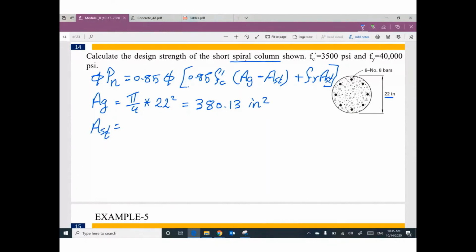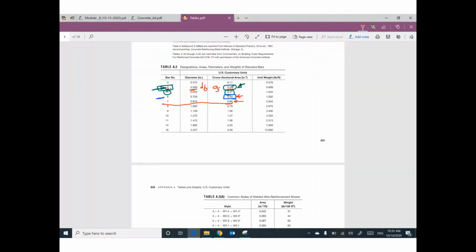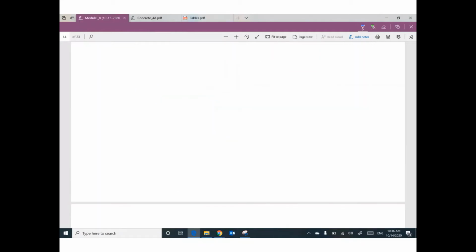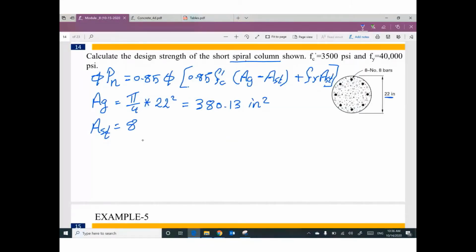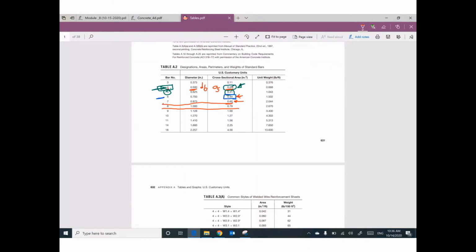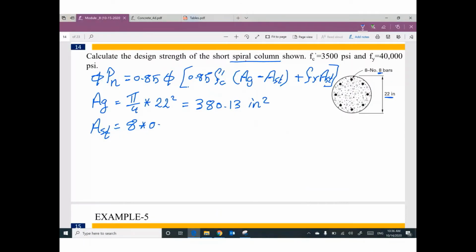How many bars do you have? 8. Number what? Number 8. Open your table. Number 8 bars with area 0.79. So your area steel will be 8, the total number, times the area of one bar of number 8, 0.79. So 8 times 0.79, your area steel will be 6.32 inches square.